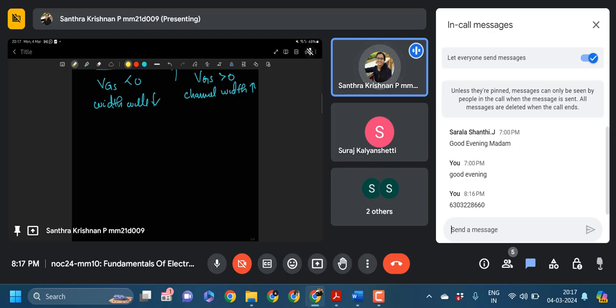So anything else with JFETs? Is it clear? I think that's all about JFETs, right? If that is the case, then maybe we can wind up today if you don't have any further doubts.